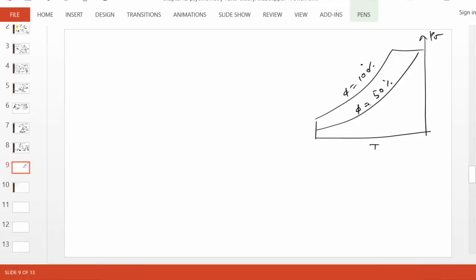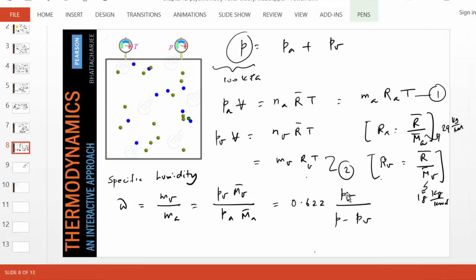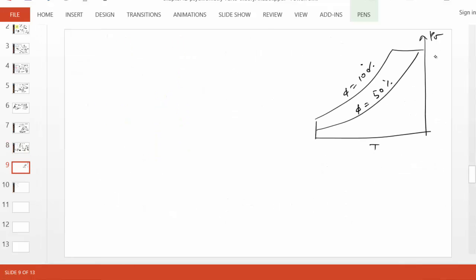So omega, as you recall, is given by a ratio. It depends on PV and total pressure. So obviously, if the total pressure P remains constant at 100 kPa, which is assumed to be a standard pressure of air, then PV is a function of omega alone. So in other words, for a given PV, omega is fixed. So therefore, PV axis doubles as omega axis.